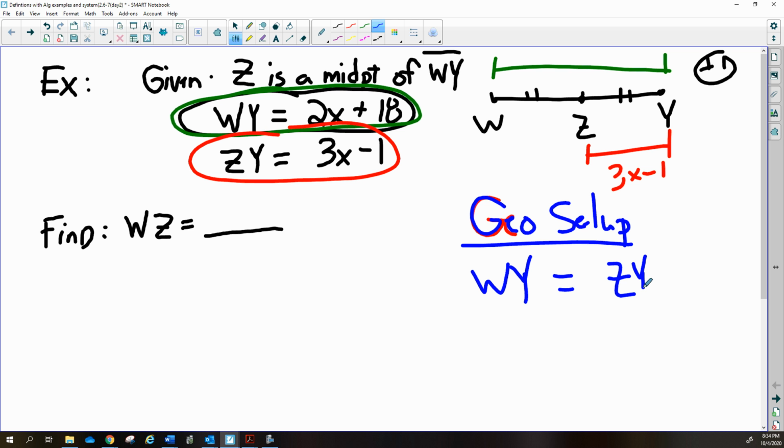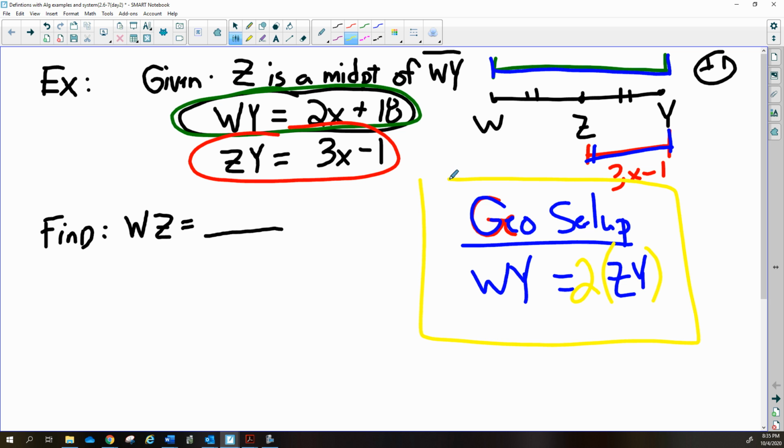You can obviously see that this length right here is half as much as the entire length right up here. So in order to make WY the same amount, I'm going to say, let's come up here and double the length of YZ. So this right here is going to get our second point.